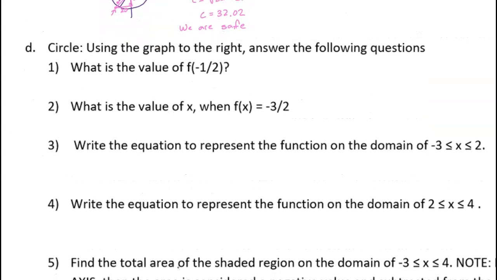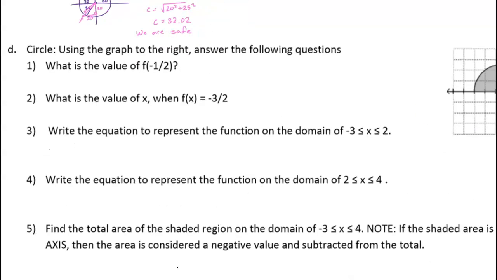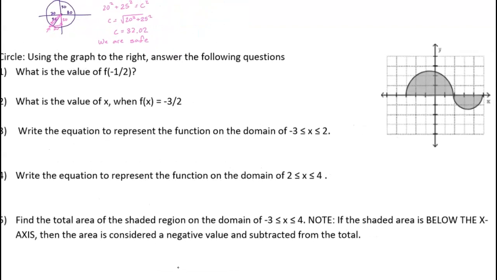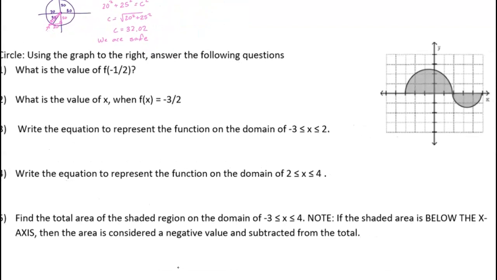All right, using the graph to the right, answer the following questions. What is the value of f of -1/2? Now remember, function notation. If we have a value inside of the function's parentheses, this represents an x value. If it tells us f of x is equal to a certain number, this is a y value.